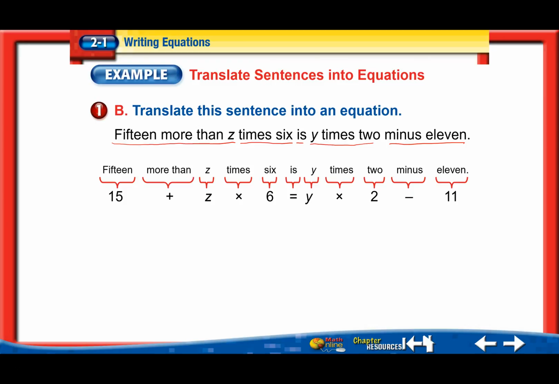But this one, you just pretty much go straight across. 15 more than sounds like plus, z times 6 is an equal sign, y times 2, minus 11. They literally just wrote it out for us, which is beautiful.